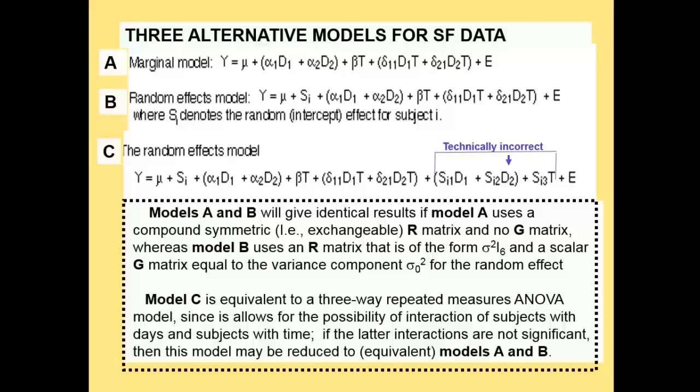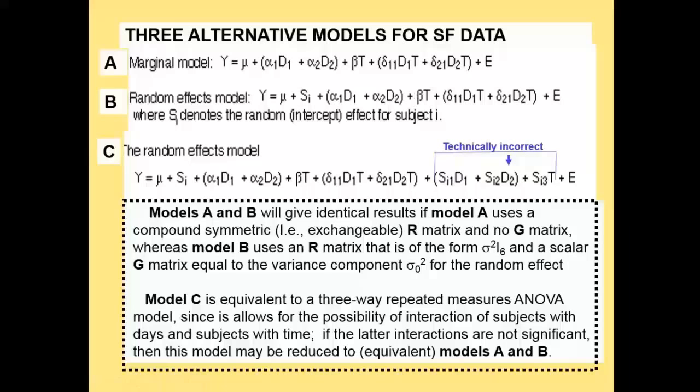Now, what if it turns out for this model, which has only one random effect, the G matrix is what? It's just a scalar, sigma naught squared, the variance of this random effect. And if I assume that the error, other than this random effect, what's left over, is independent, sigma squared I. If this is a random intercept, and this is sigma squared I, and I combine this G matrix with this R matrix in the formula ZGZ prime plus R, what am I going to wind up getting for my covariance structure?